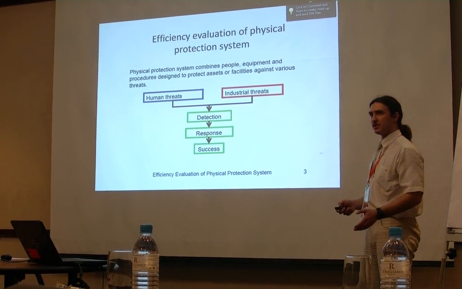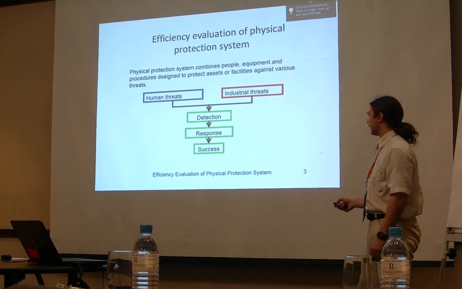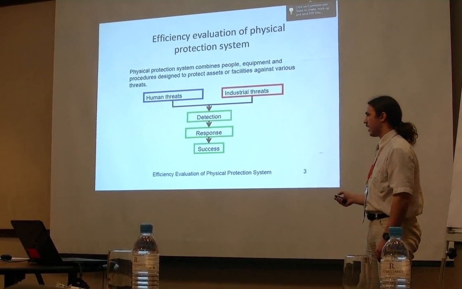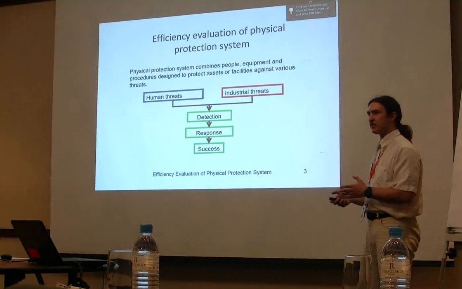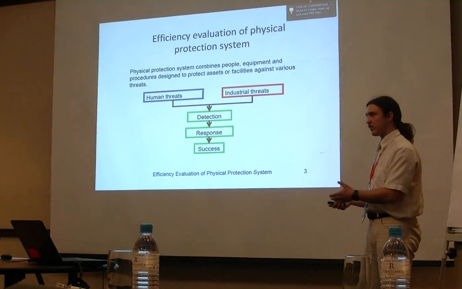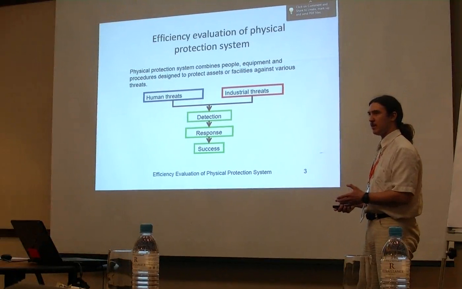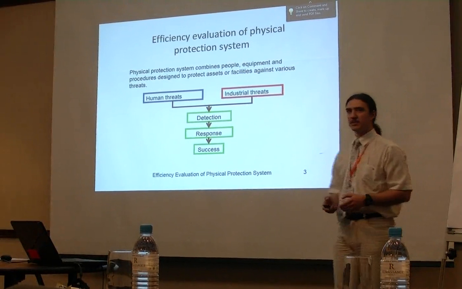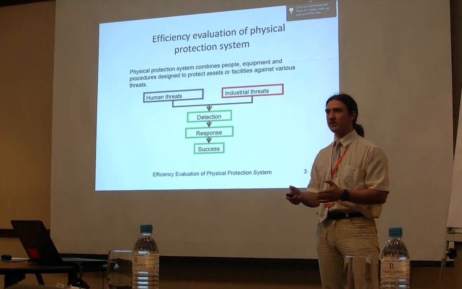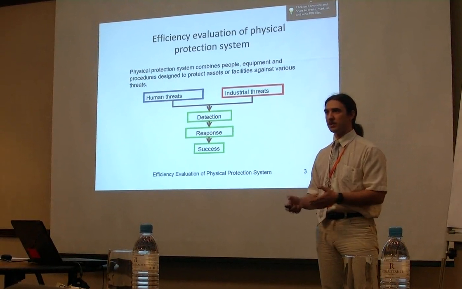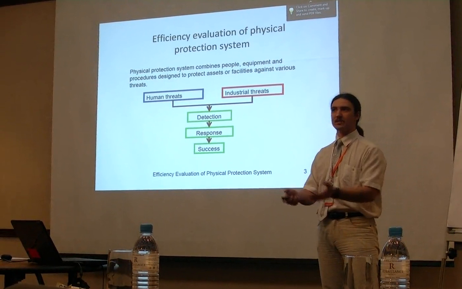An efficient security system must detect a threat, and it should be designed in a way that makes it possible to respond to a threat and neutralize it in time. So, the security system is considered efficient if it can detect a threat and give enough time to security forces to respond to a threat and to intercept an intruder.